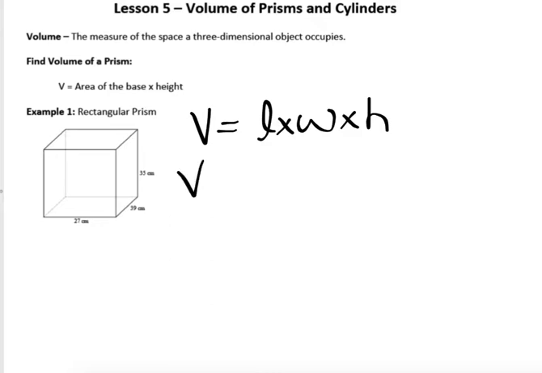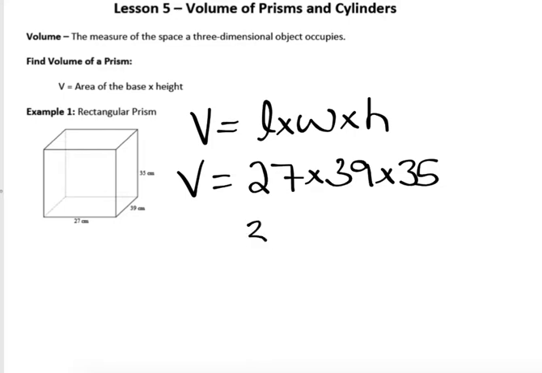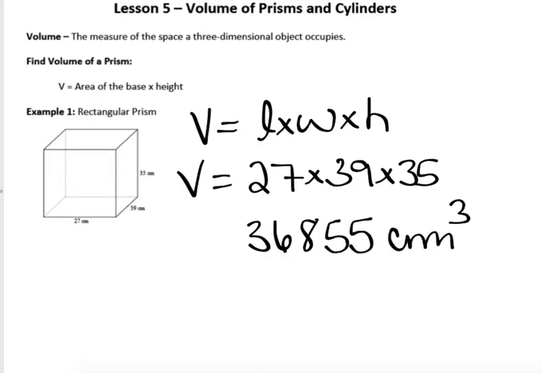So volume is equal to 27 times 39 times 35. When I multiply those all out together, I get 36,855 centimeters cubed.